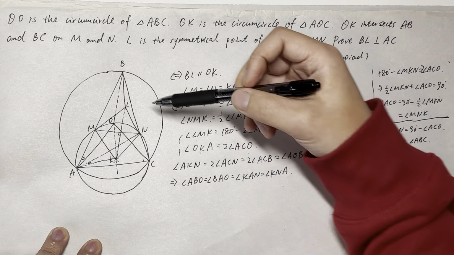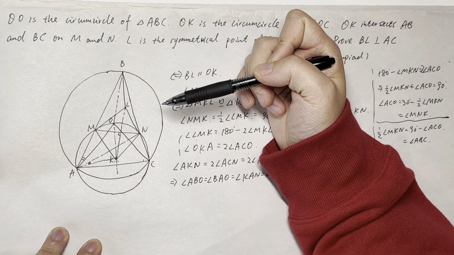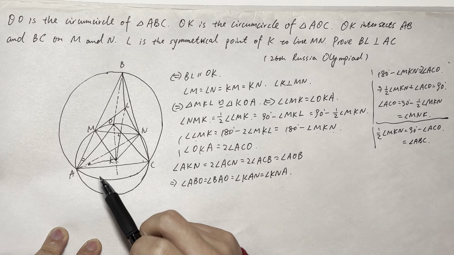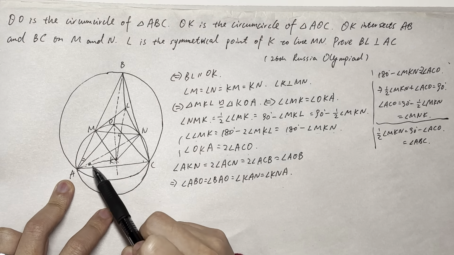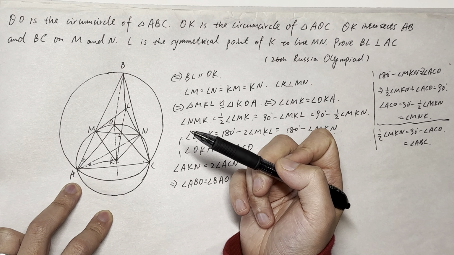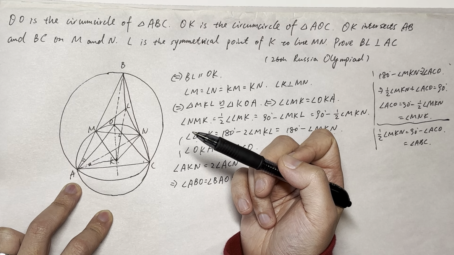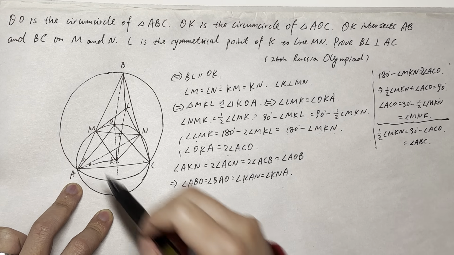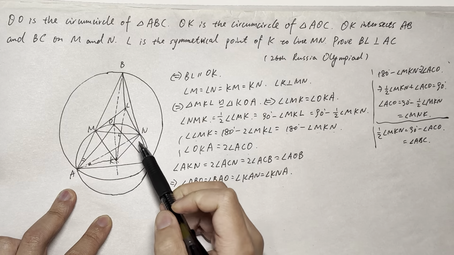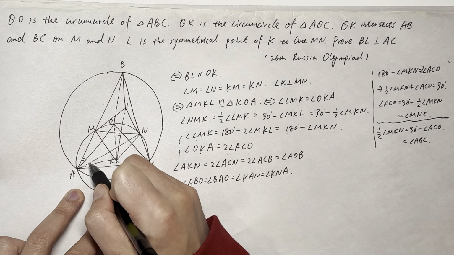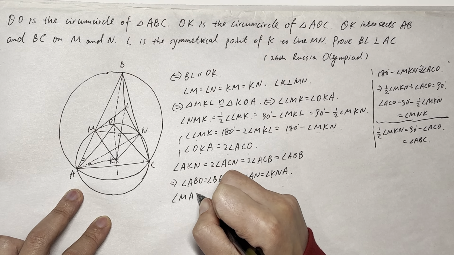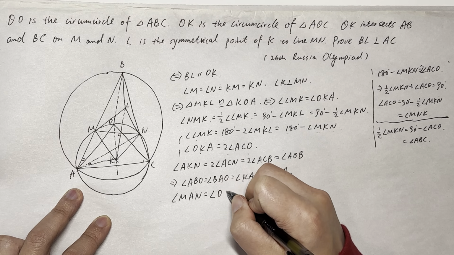Right, so here, because the triangle BAO is similar to triangle NAK, and we got this angle equals this angle, we know that angle MAN equals angle OAK.